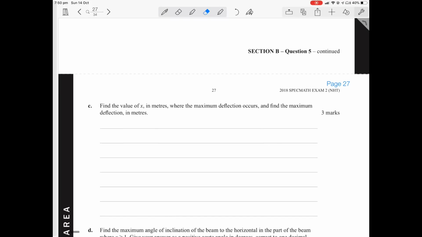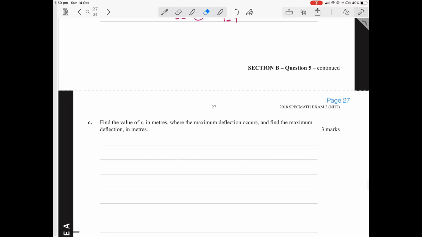Find the value x in meters where the maximum deflection occurs and find the maximum deflection in meters. Maximum deflection. So we want to know when the gradient, when the maximum deflection.